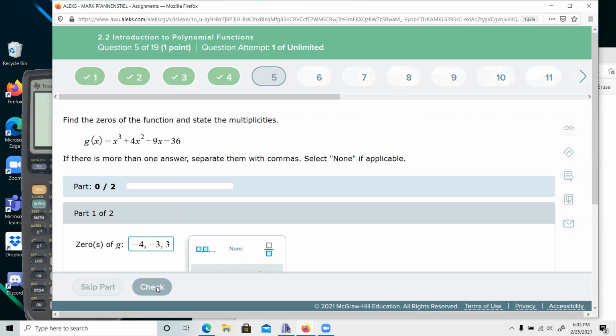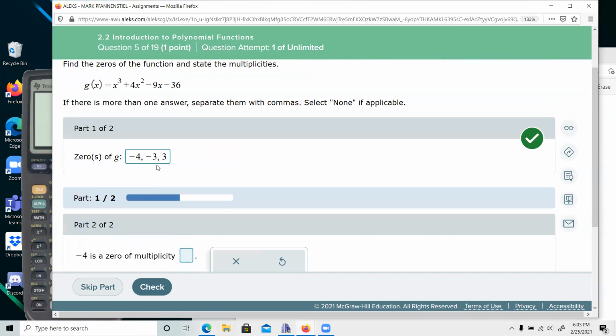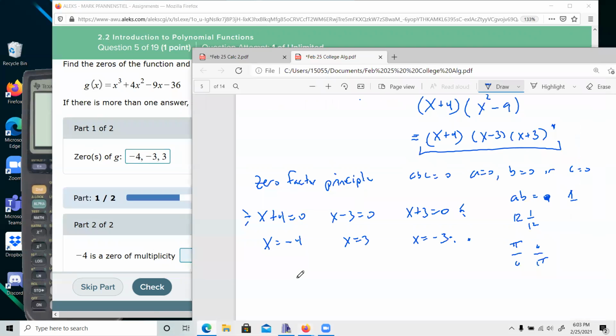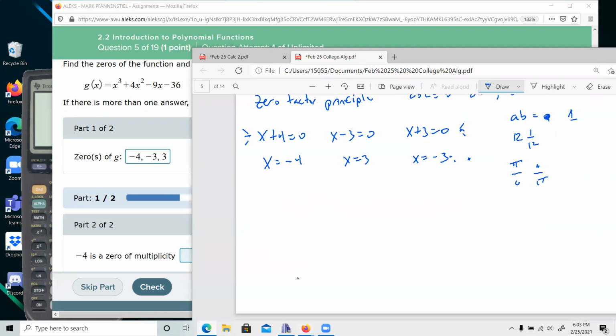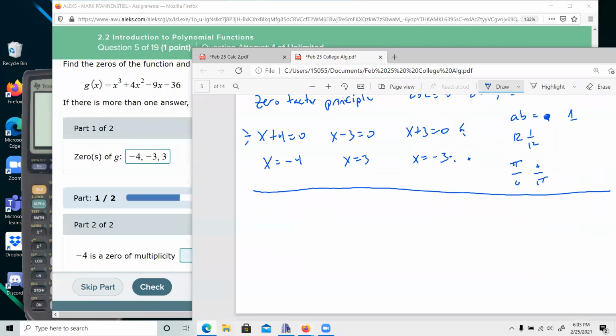That's all they want. I'm used to putting them in order. It just looks nicer. But if you don't, the book isn't going to care. I'm not going to care. If you want to be a math teacher someday, practice putting them in order. But if that's not in your future, it doesn't matter.